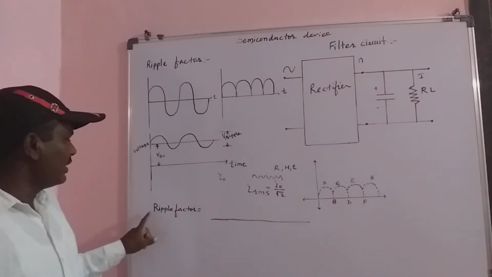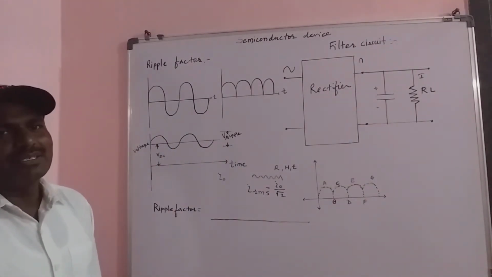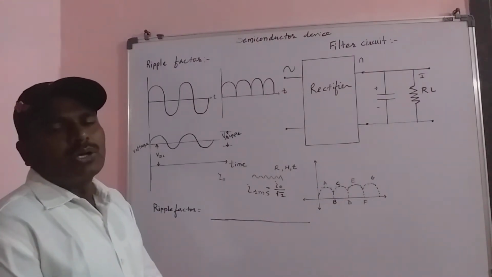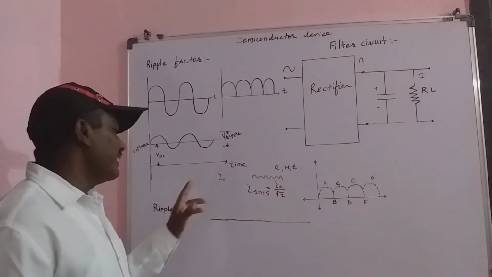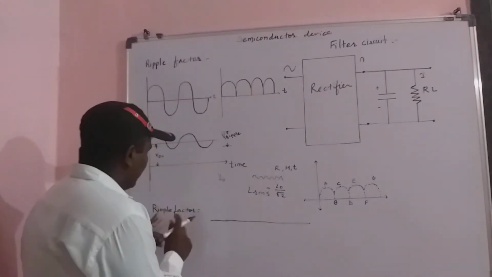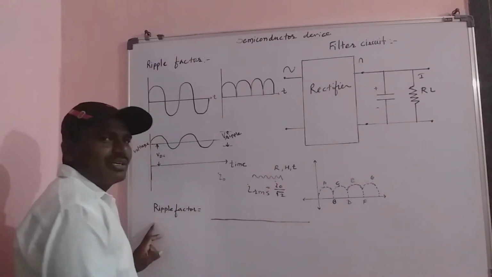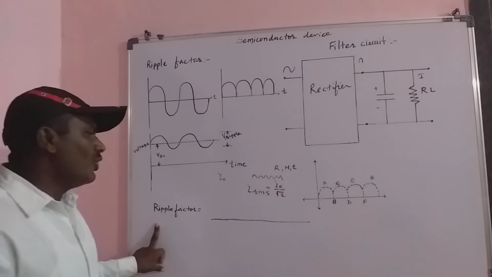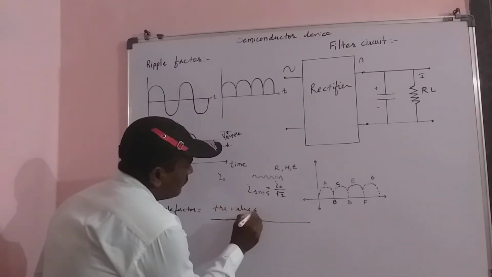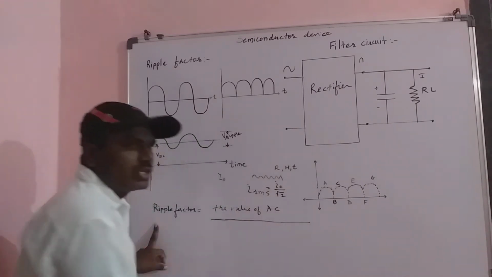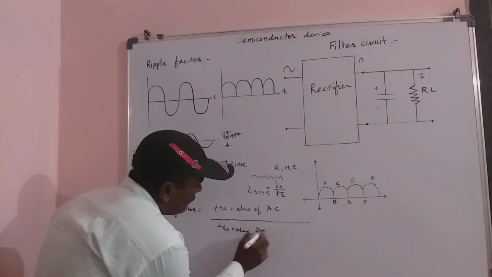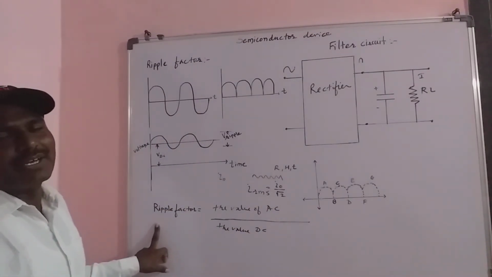Now we can see the definition of ripple factor. Ripple factor is nothing but the ratio of the value of the alternating component to the value of DC in the output of the rectifier.